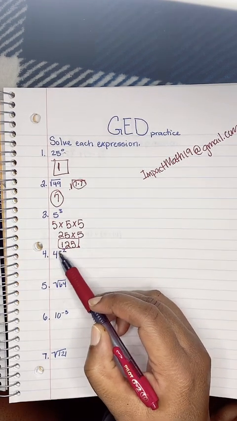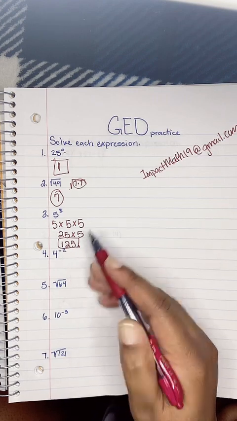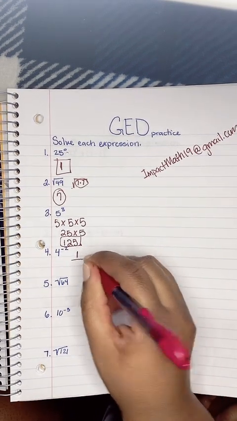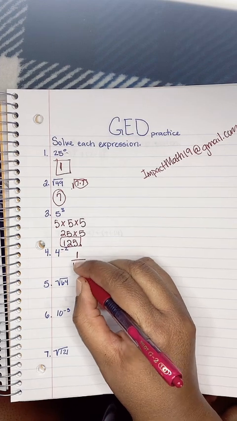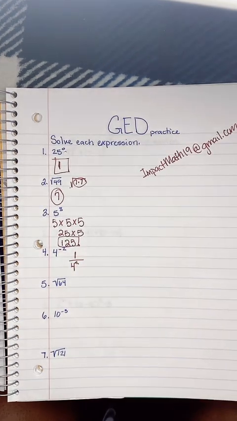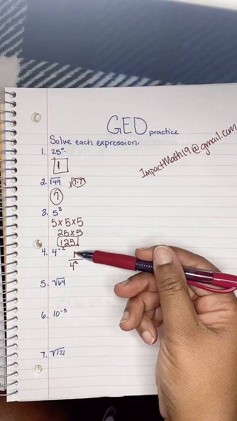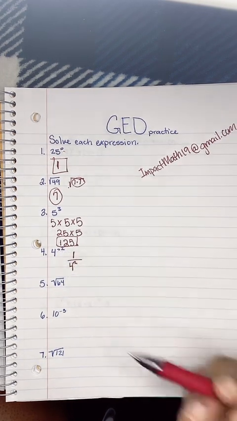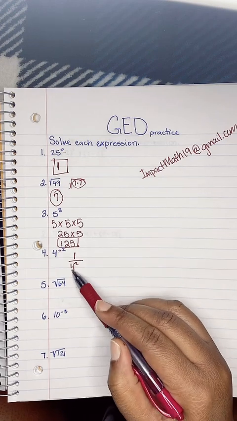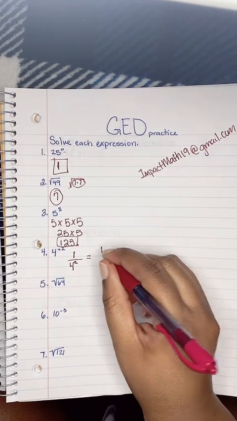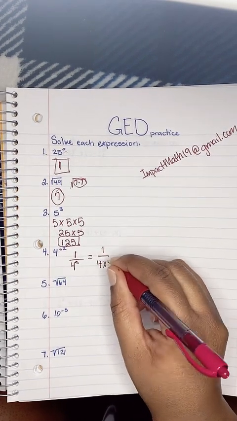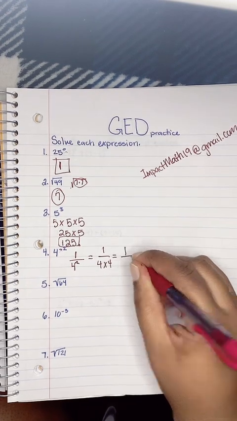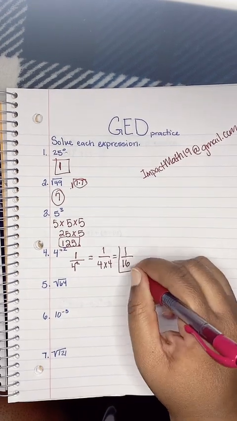So first thing you have to understand is to get rid of that negative exponent, we have to put 1 on top, and then this has to go to the bottom, and you change it to a positive. So 1 is on top, and then you move this whole number to the bottom, and that's what gets rid of the negative. Now, this is 4 squared, which means it's 4 times 4, which means it's going to be 1 over 16.